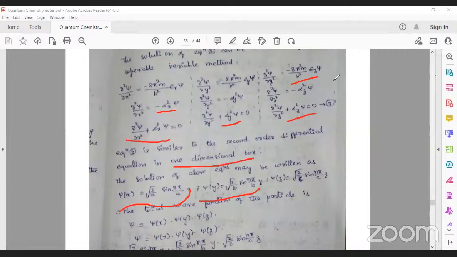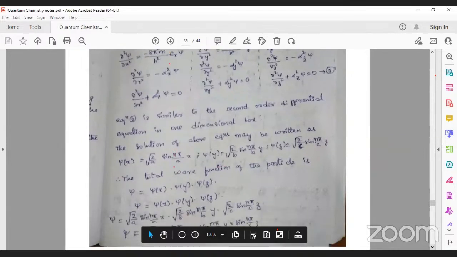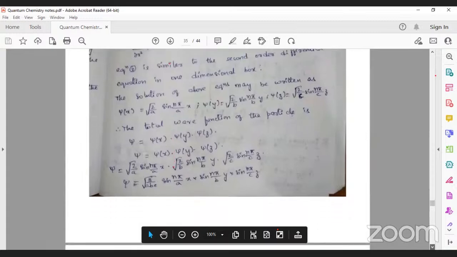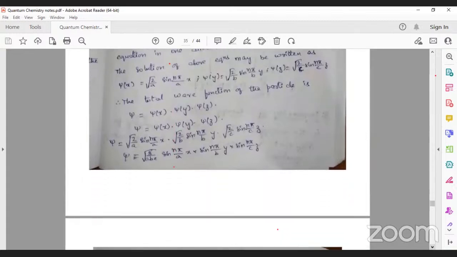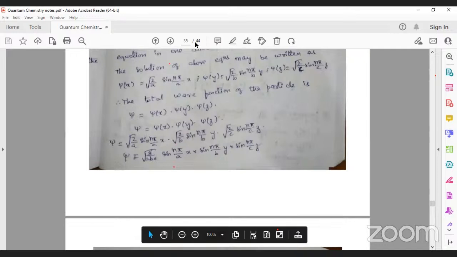Then we know the solution for the particle in a one-dimensional box, that is ψ equals what? Root 2 by a sin(nπx/a). But here, along the x-axis, the coordinate will be a. Along the y-axis, the coordinate will be b. Along the z-axis, the coordinate will be c.